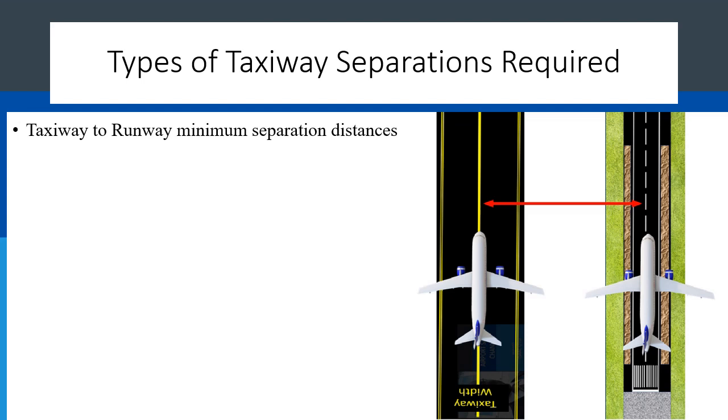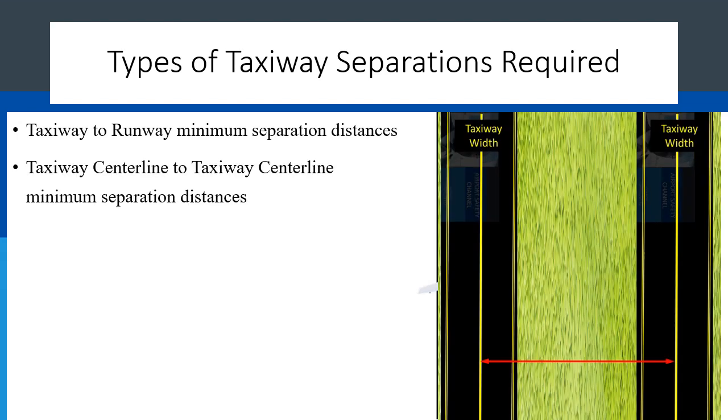That is, if the runway is an instrument runway or if it is not, then the dimensions vary accordingly. Also, we have taxiway center line to taxiway center line minimum separation distances. We will look at this as we go along.